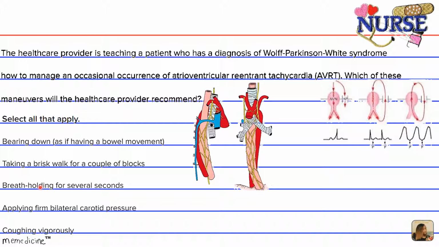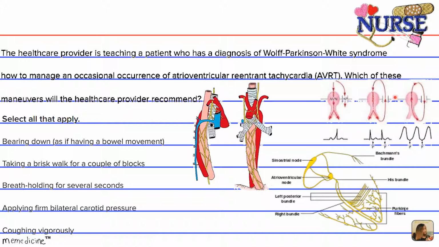These are all vagal maneuvers that stimulate the vagus nerve and can slow conduction through the AV node. Here is a better view of the atrioventricular node. They interfere with the circular loop of AVRT, causing it to go back to normal.